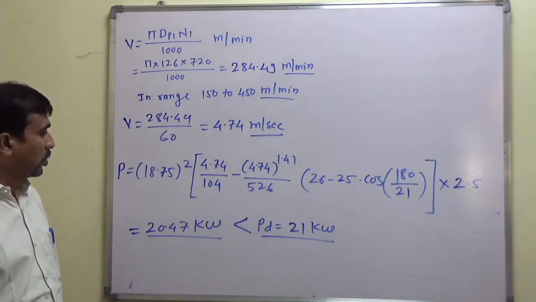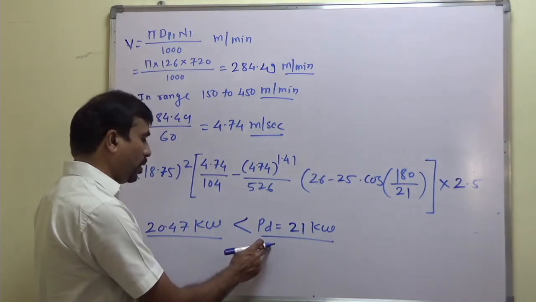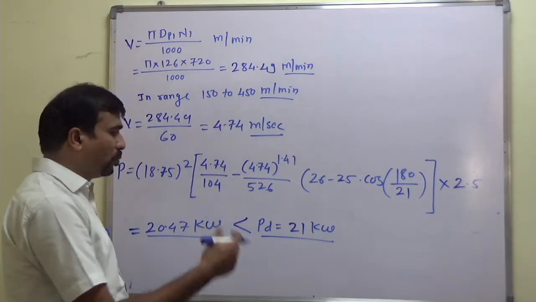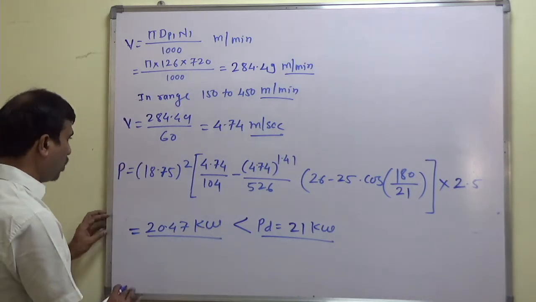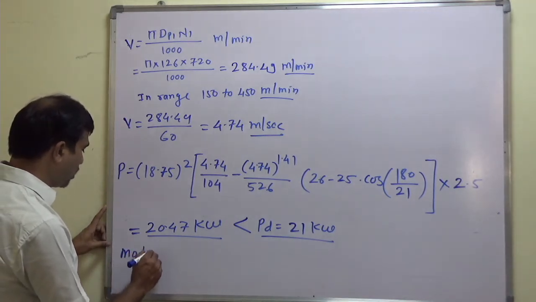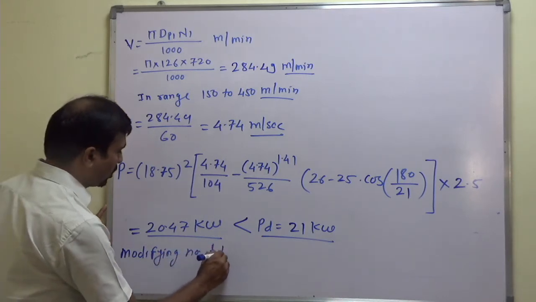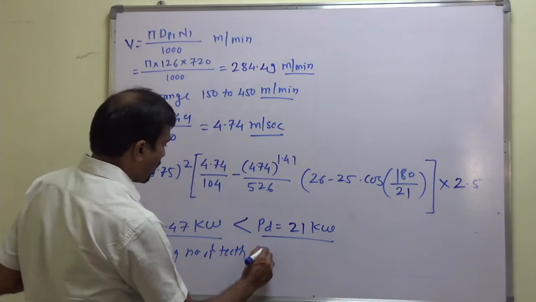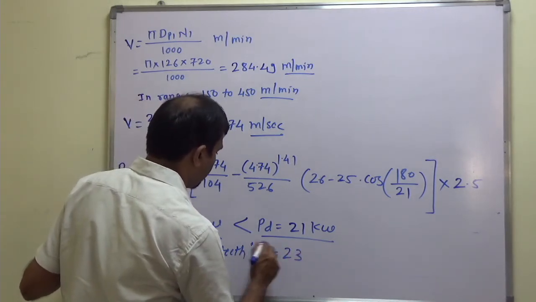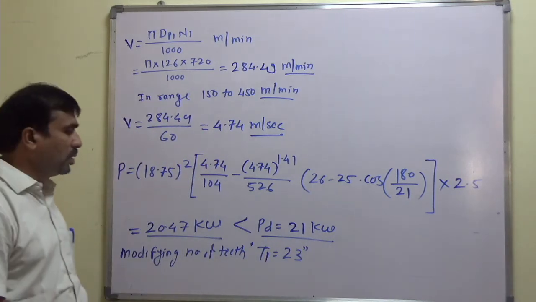As this condition is not validating, design power is more and power capacity of the chain is less, so we need to modify something. So I am writing here, modifying number of teeth, T1 is equal to 23 teeth.